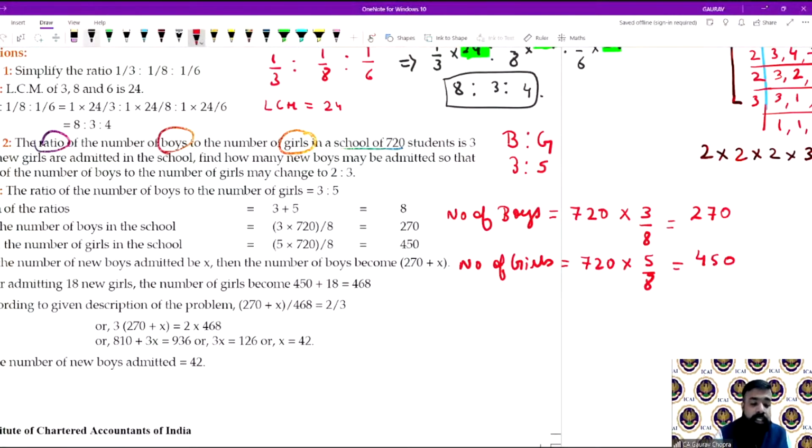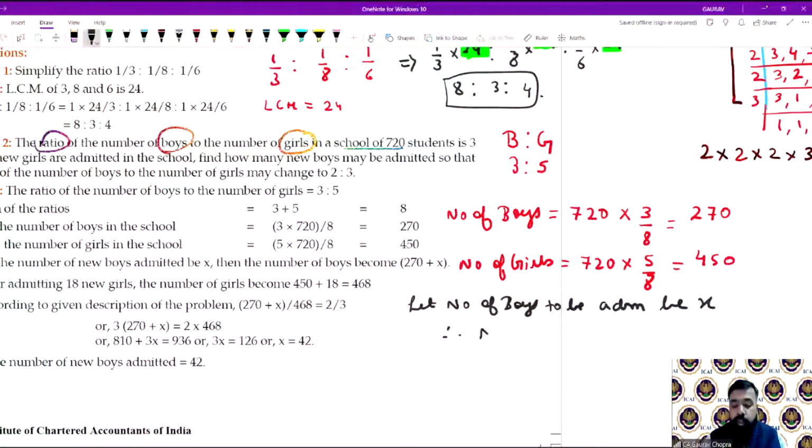Now the question is asking how many boys should be admitted. So we can assume X. So let the number of boys to be admitted be X. So therefore, the new number of boys will be 270 plus X. So earlier there were 270 boys.